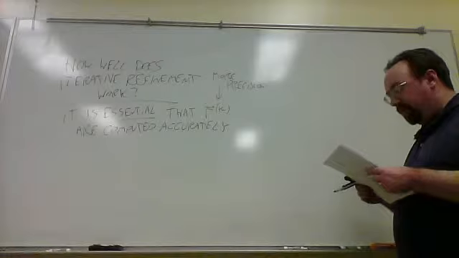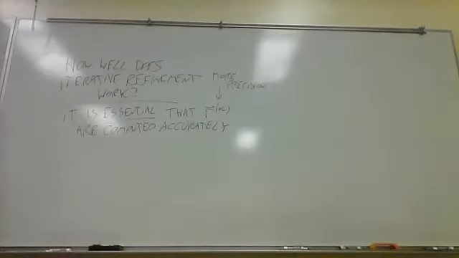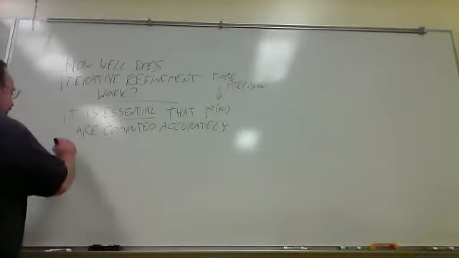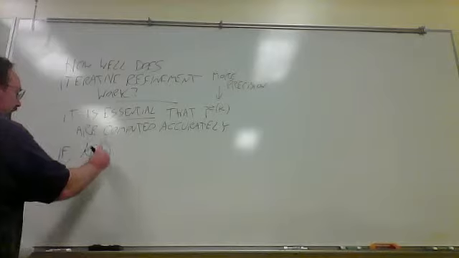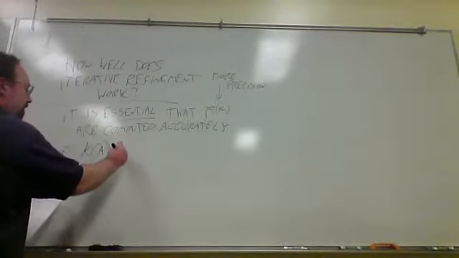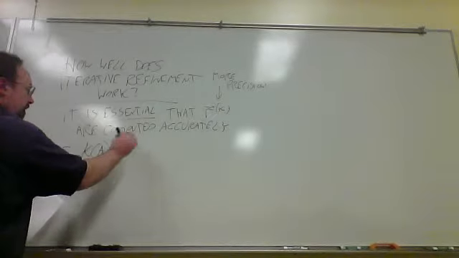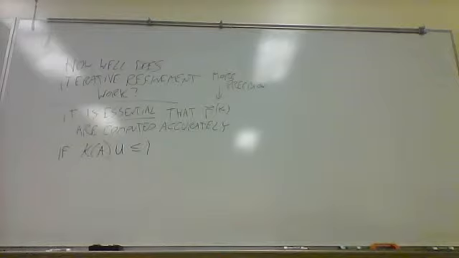Okay, so what we can conclude, or what can be proven, is if the condition number of your matrix A times your unit round off is less than or equal to 1.